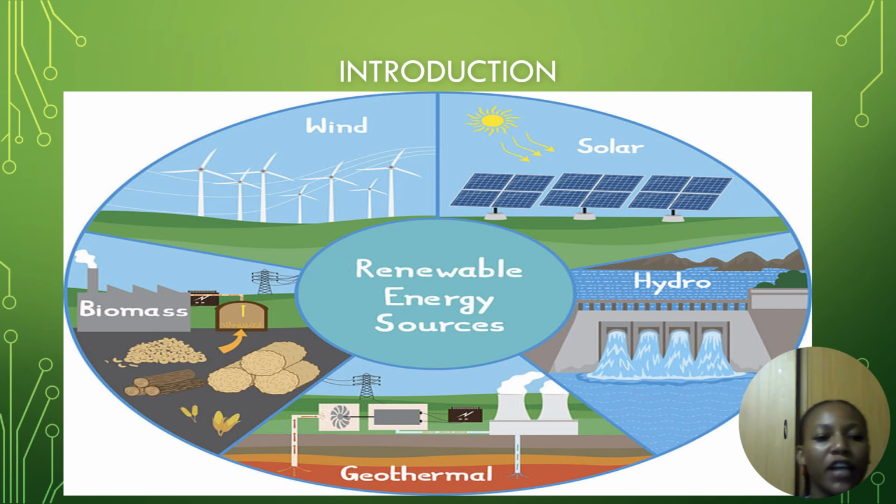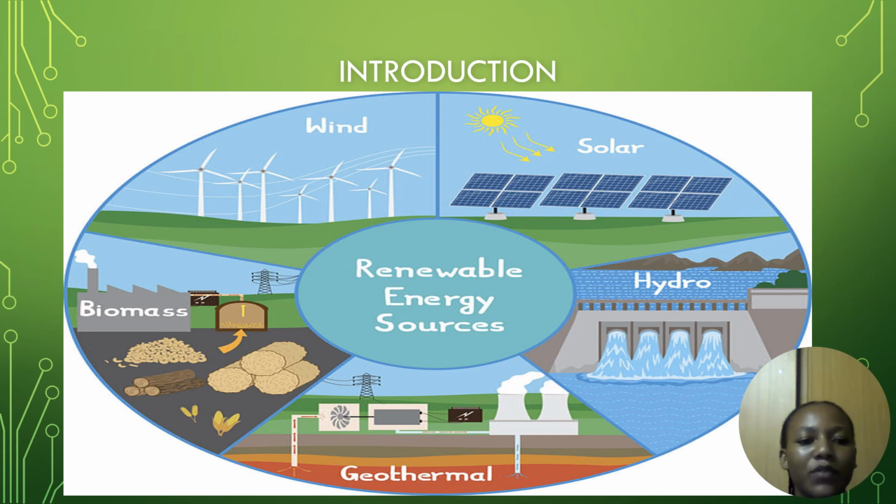Moving to the introduction, we'll be looking at the types of renewable energy sources, which are solar energy, wind farms, natural gas, hydroelectric energy, hydrogen energy, bioenergy, geothermal heat, and wave energy.